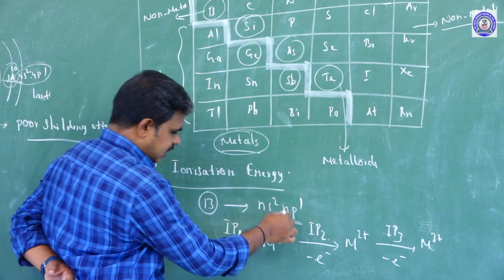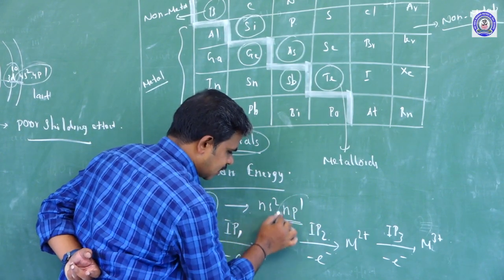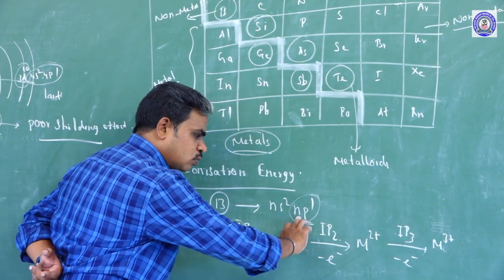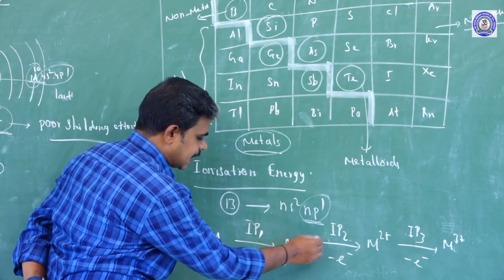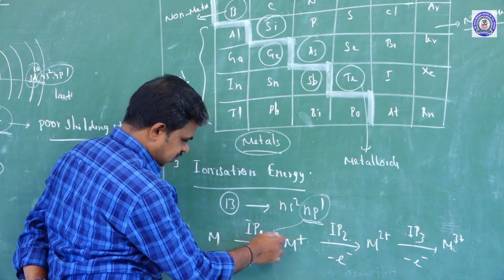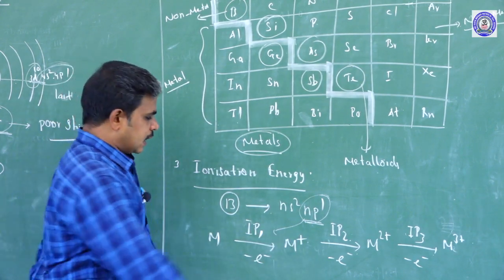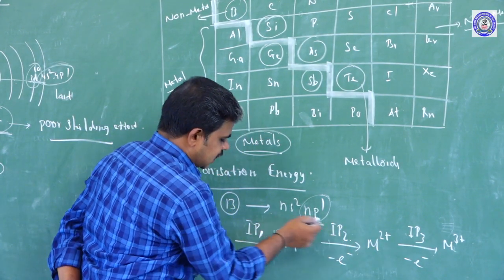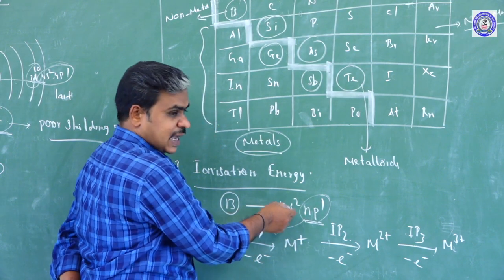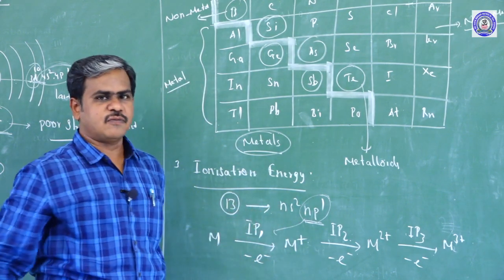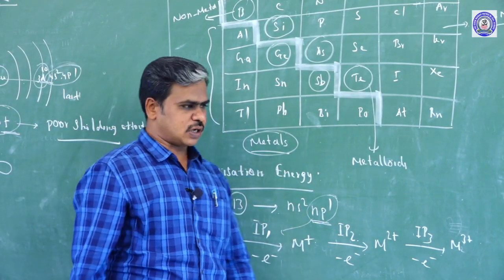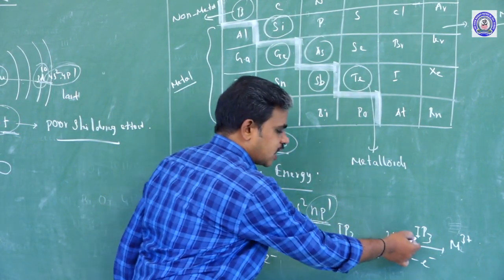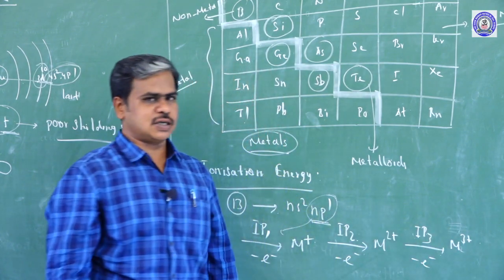Listen, the first ionization potential is when we remove the np1 electron and get M+. The second ionization potential is when we remove the electron from the ns orbital. And when one more electron is removed, it is the third ionization potential.